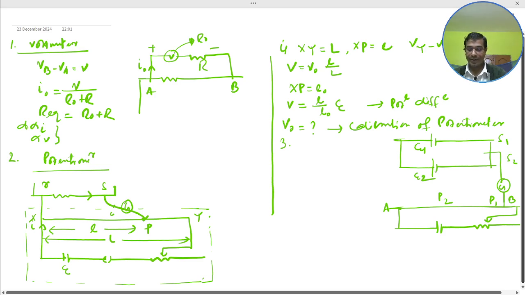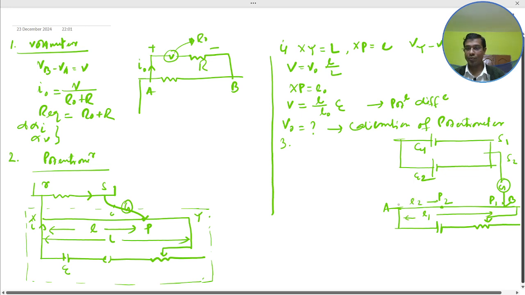P1 is the point at which there is no deflection in the galvanometer for battery 1, and P2 is the point of no deflection for battery 2. So AP1 is L1 and AP2 is L2.